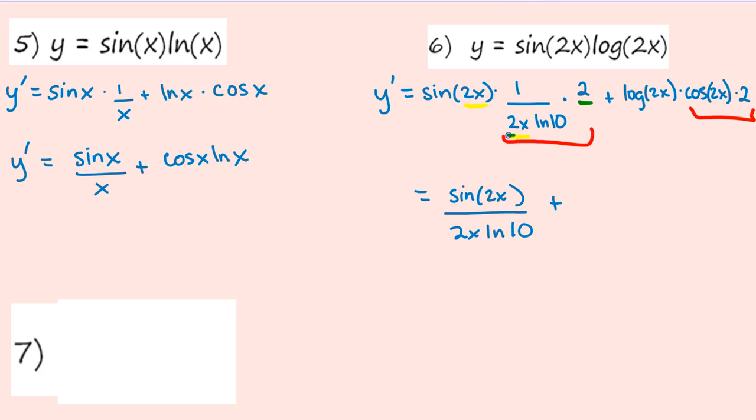There's a 2 there and a 2 there. We can cancel those. So let's get rid of that 2 that I wrote. And then nothing we can do over here, just rewrite it as 2 log of 2x cosine of 2x in whatever order you wish.